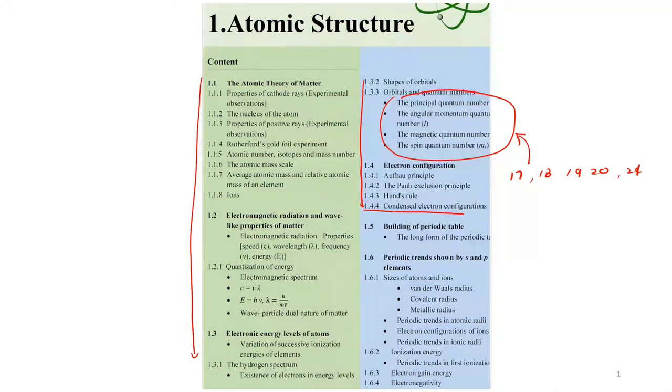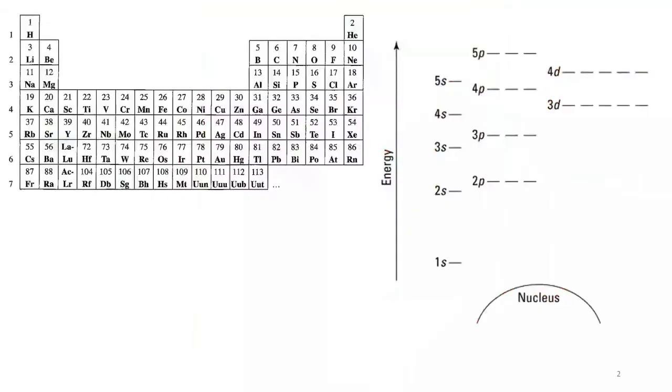Now we'll start from where we stopped. Last time we looked into building the electron configuration. We looked into the Aufbau principle, where you fill electrons from the lowest energy orbital. You fill the electrons from the lowest level, and you follow Hund's rule and the Pauli exclusion principle when you're filling these.